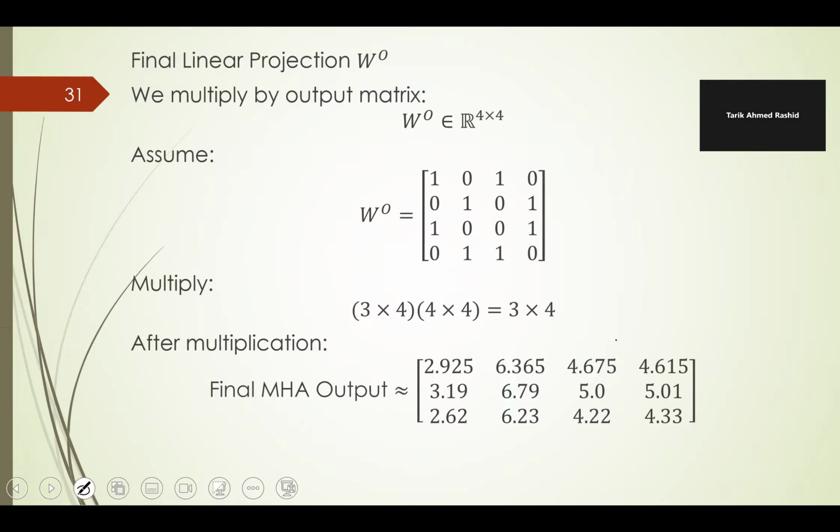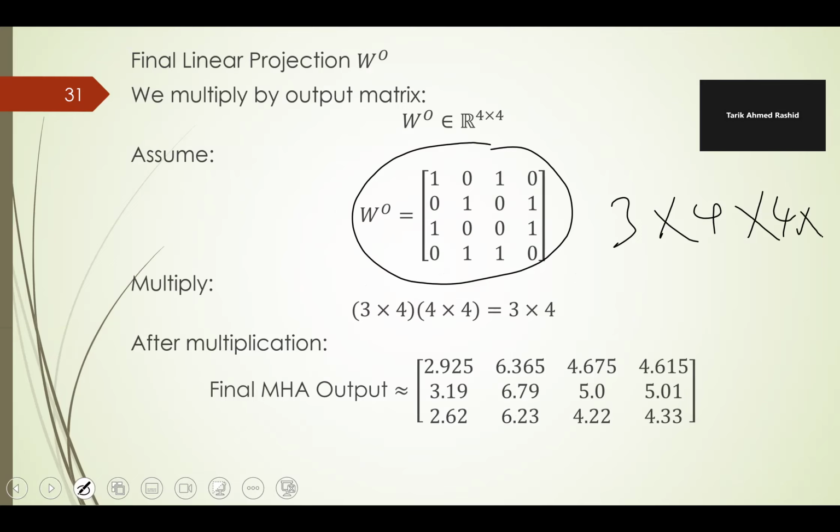And finally we multiply by the weight matrix, which is 4 by 4, and we have the 3 by 4 concatenated head, multiplied by the 4 by 4 matrix, which is WO, and this is the multi-head.